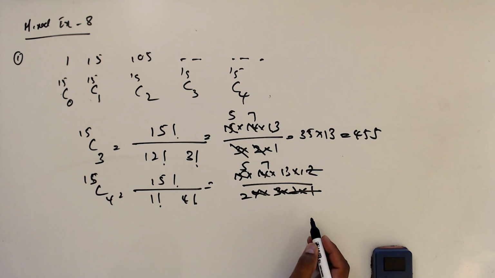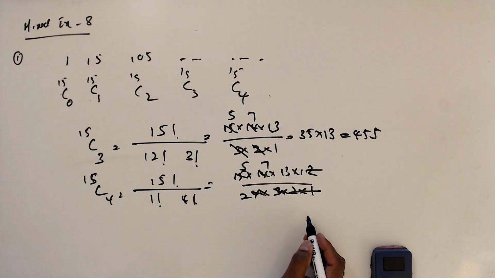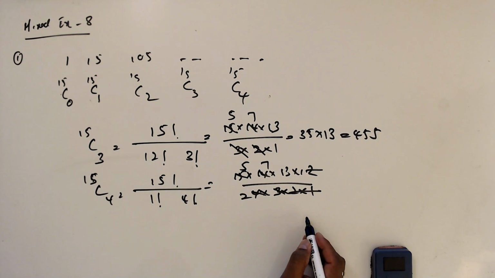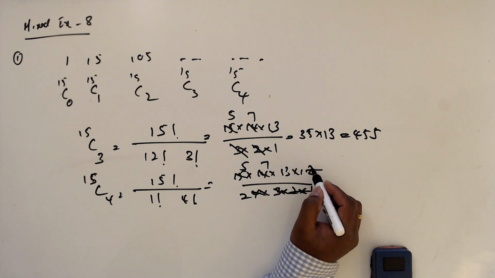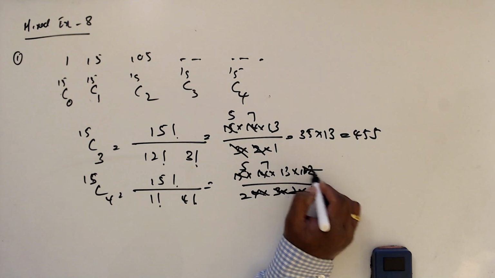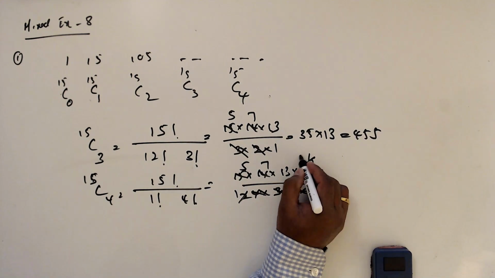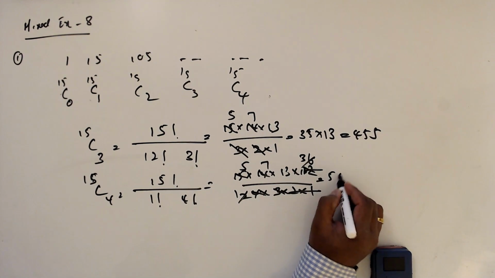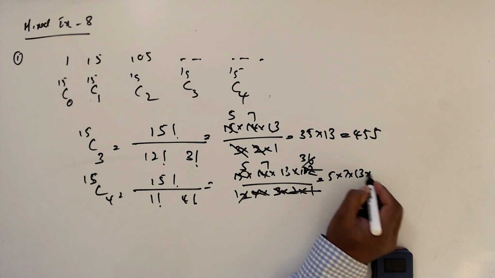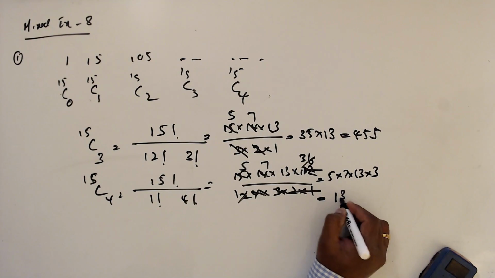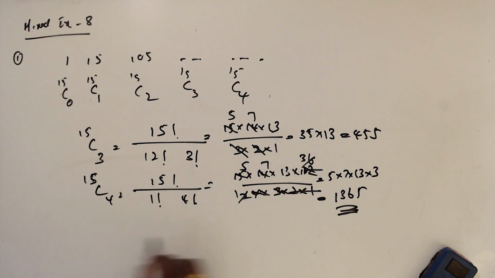Actually this is 12, it means this is going to be 6, and 2 times 1, this is going to be 3. So 5 times 7 times 13 times 3. You will get the answer as 1365.